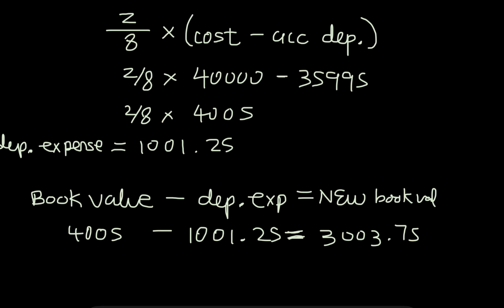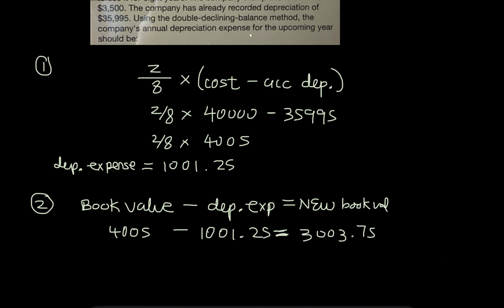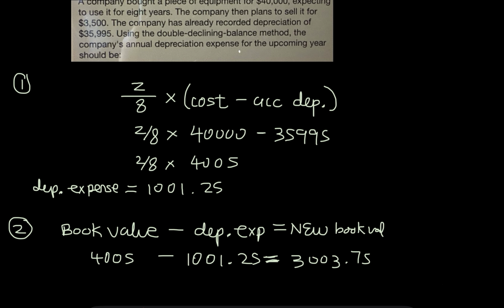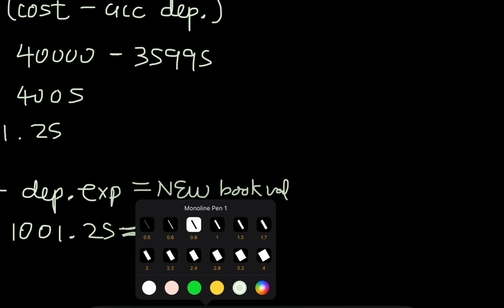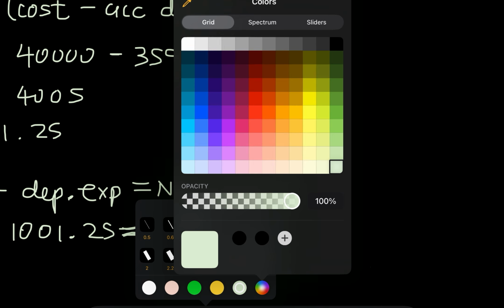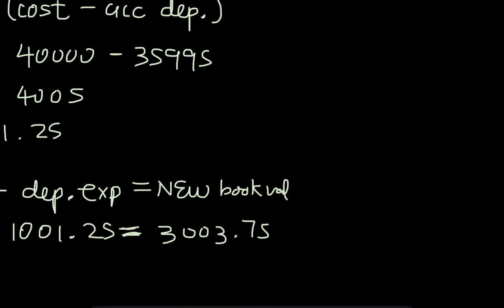So in the second step, we calculate the new book value because we want to compare it with the residual value. The residual value is $3,005. $500, which means the residual value is greater than the book value.